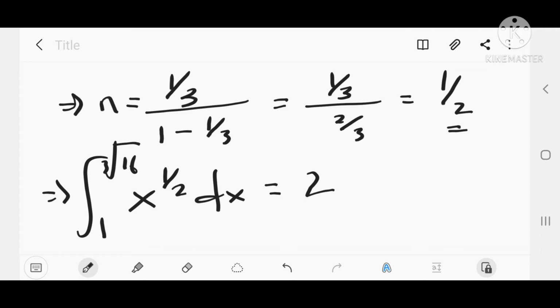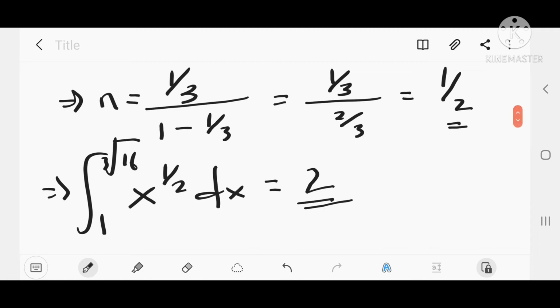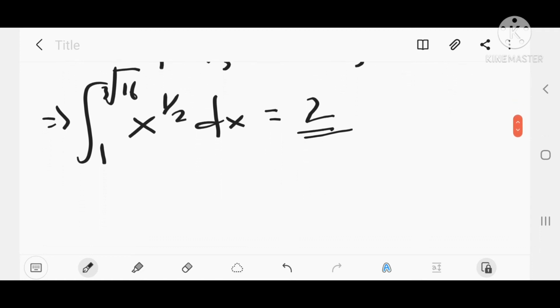This 2 is just a constant. All right, so we can now integrate what we have here.